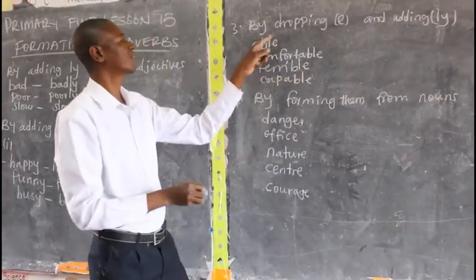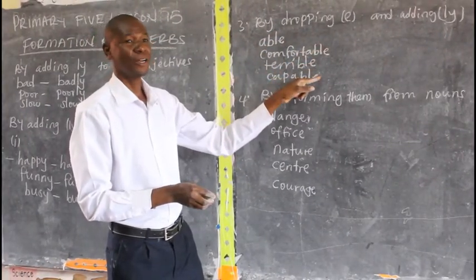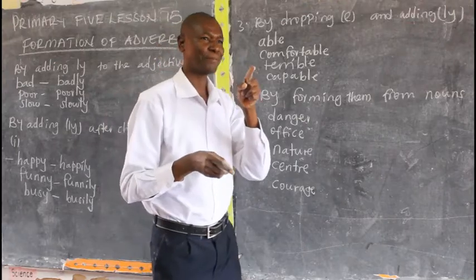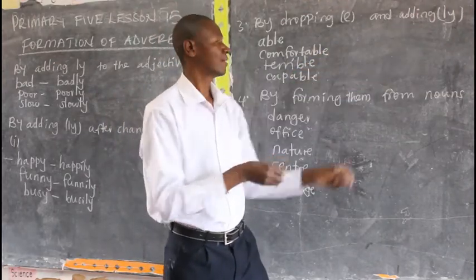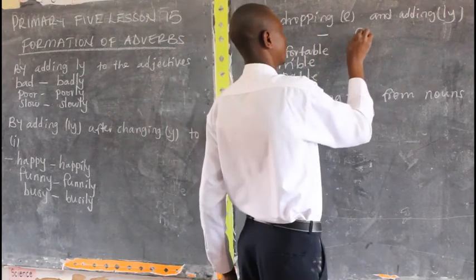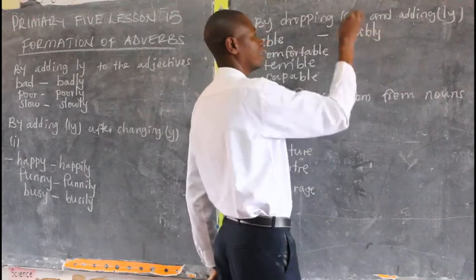So these are adjectives which end with letter e. When they are forming their adverbs, they drop letter e before adding ly. Examples are here. Able, here, the e is dropped. Instead it is y.